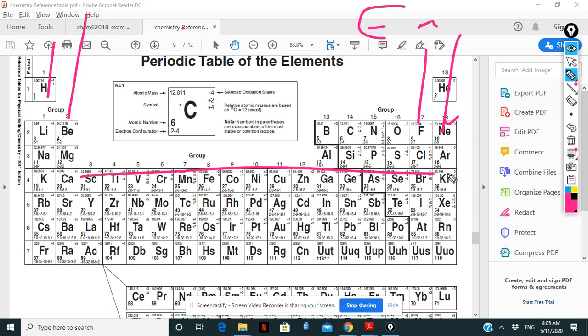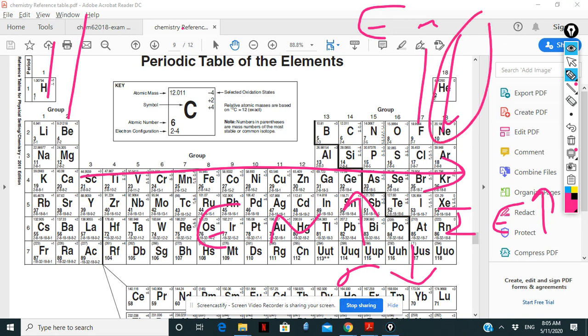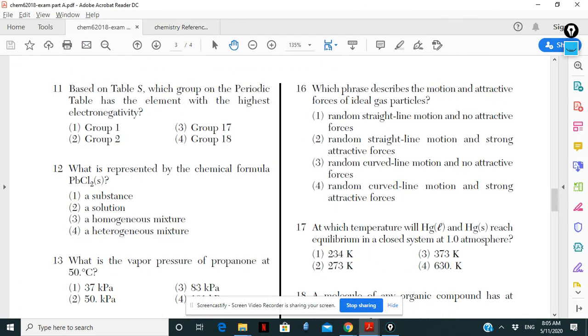Going across this way, electronegativity increases and ionization energy increases, but the radius decreases. So according to this, it should be 18, but group 18 doesn't participate in any reaction, so it doesn't attract any electrons. It has less electronegativity than 17, so the answer is going to be group 17. So the answer for 11 is 3.